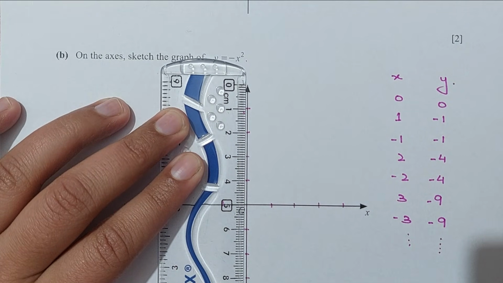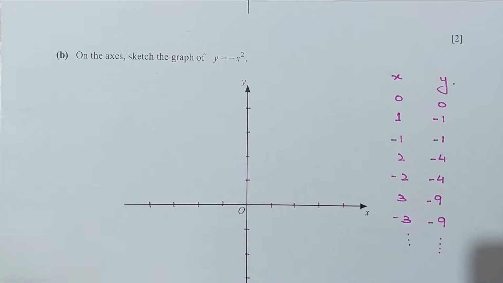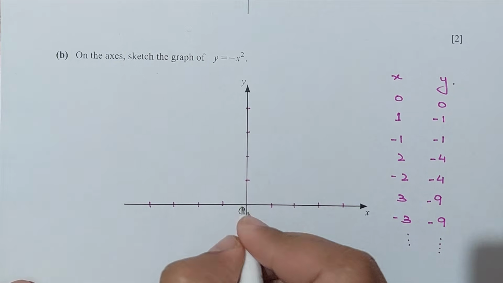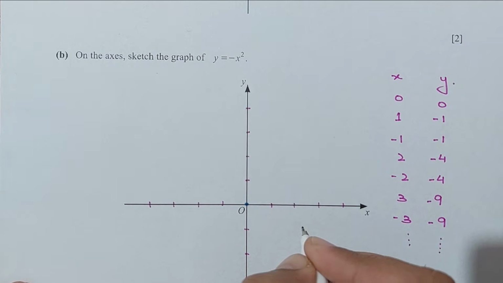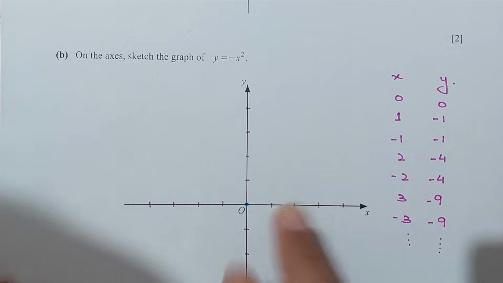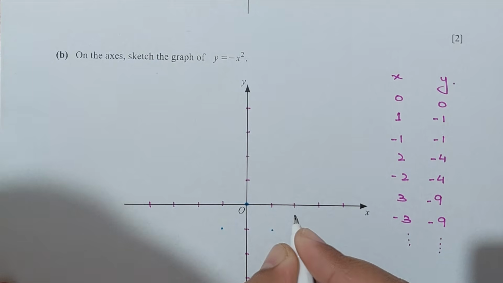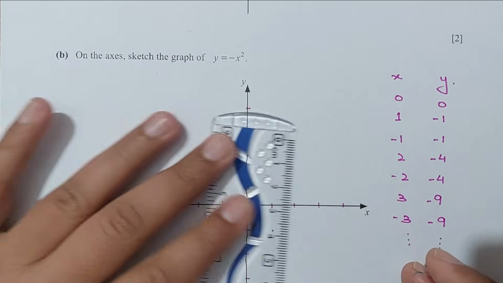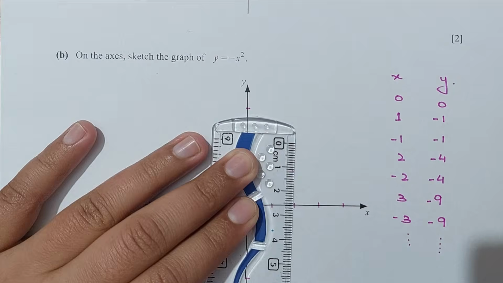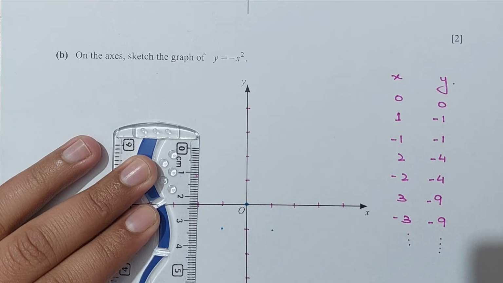When x is 0, y is 0, this point. When x is 1, the y value is minus 1, and when x is minus 1, it's this. When x is 2, y is negative 4. When x is minus 2, the y value is also negative 4.